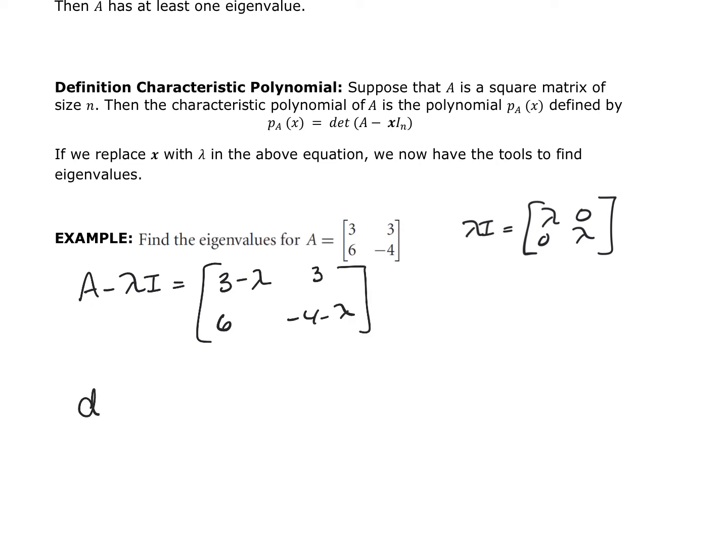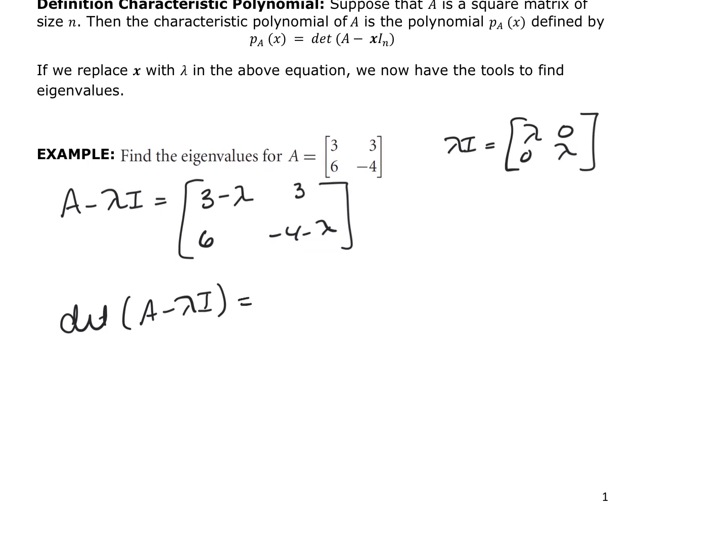Now let's do the determinant of A minus lambda I. So this determinant is going to be 3 minus lambda multiplied by negative 4 minus lambda, minus 3 multiplied by 6. I am just going to go ahead and multiply this out, and when I do, I get lambda squared plus lambda minus 30.